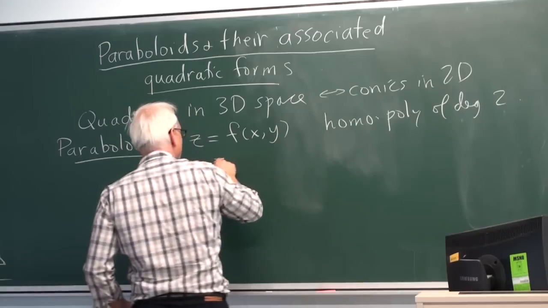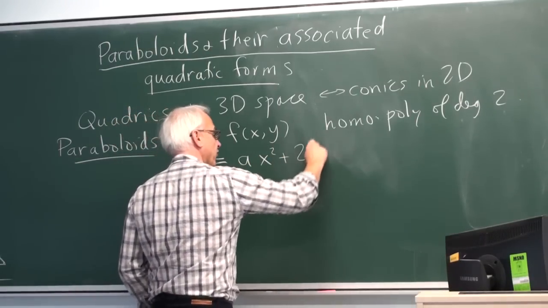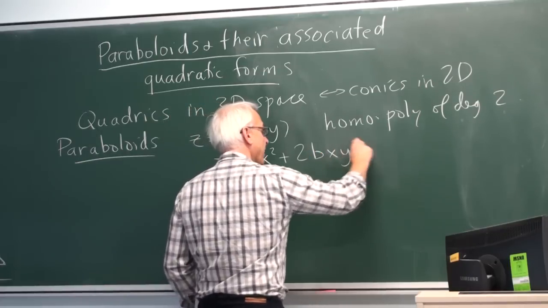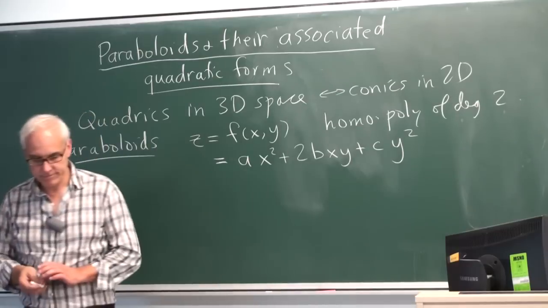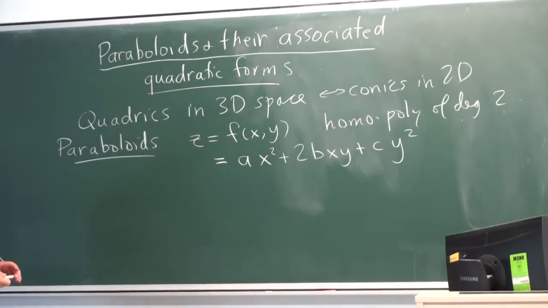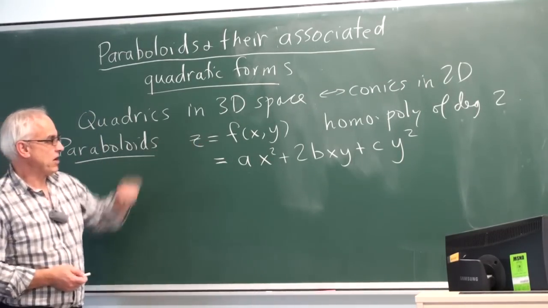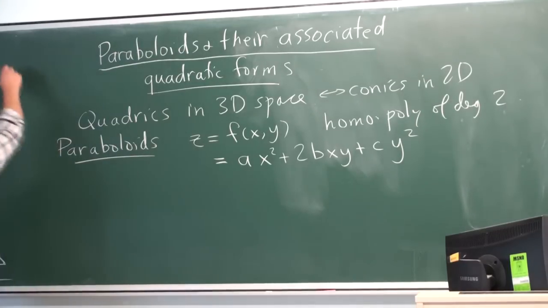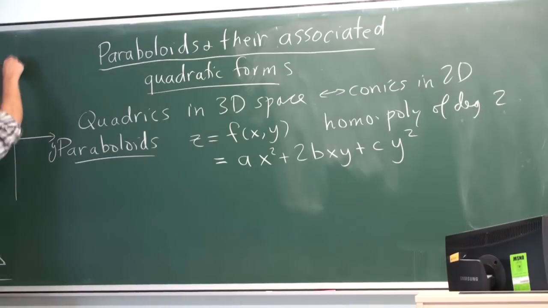In other words, we're talking about something in the form ax squared plus 2bxy plus cy squared. That's a paraboloid. The z is to be thought of as a function, so we can interpret this as the graph of a quadratic function in the x, y, z space.